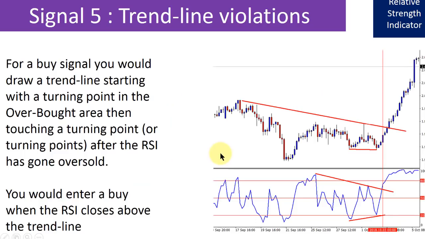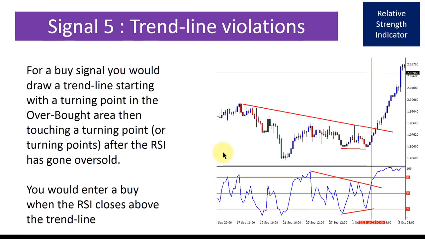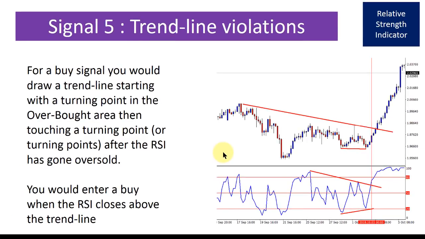Here's actually one of my most favorite manual trading systems, and that is the trend line violation system. So what the trend line violation system says is that if you've got an overbought environment like I've got there, and the RSI goes oversold, then draw a trend line over any of the turning points, and when the RSI cuts that trend line, you trade, and if it's cutting it from the bottom up, then that's a buy signal.